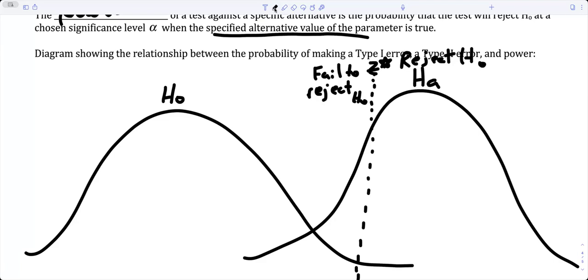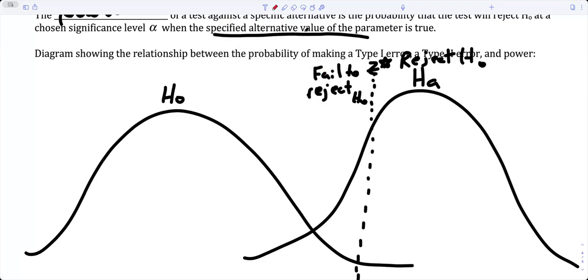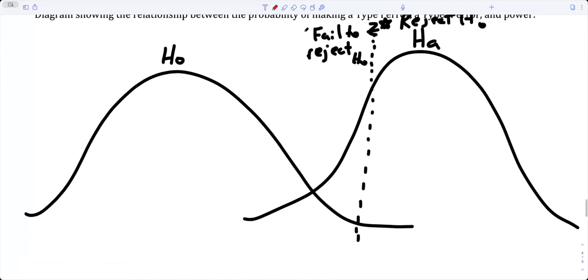So let me scroll up just a little bit. This part right here. If I reject H naught, so I'm on the right side of this dotted line, but I'm still under the null hypothesis, what is that?